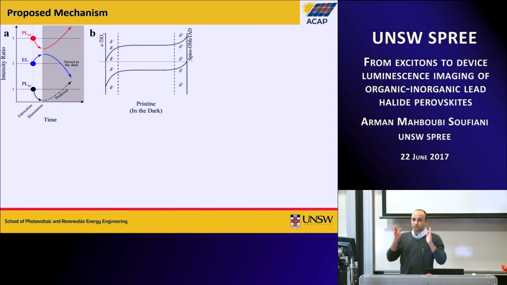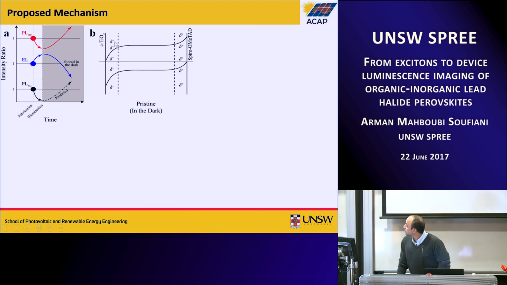Okay, when you have a pristine device in the dark, the built-in electric field in perovskites, it's very well known that they have ionic migration. So when you have the device in the dark, the built-in field actually causes the ions to move to the corresponding contacts.